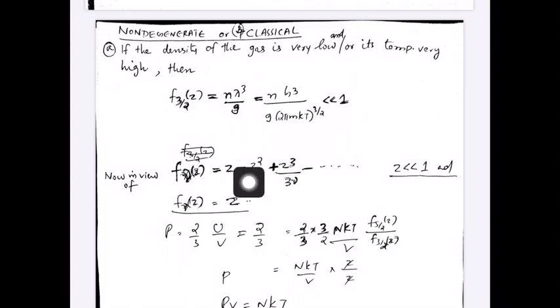In that case, we can say f_{3/2}(z) is equal to z. Since f_{3/2}(z) is very small, it can be approximated by z.